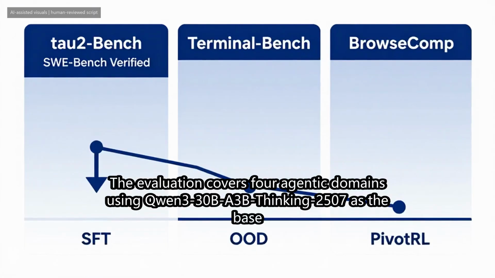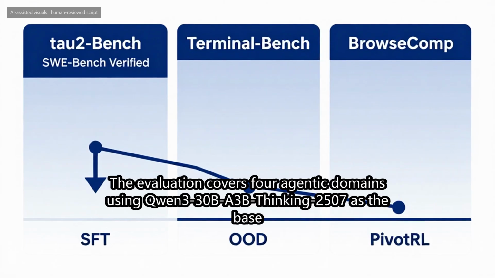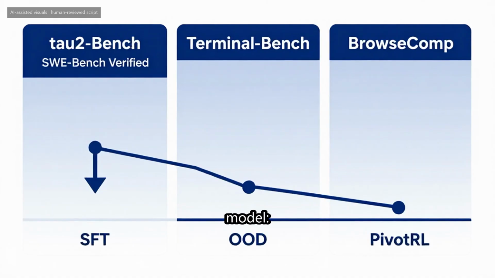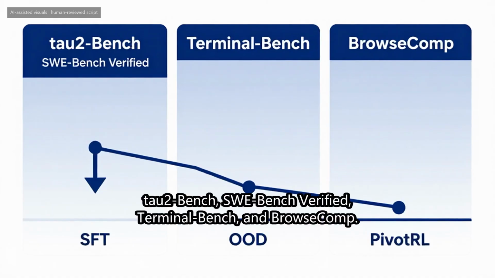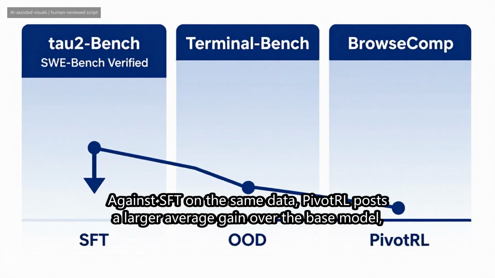The evaluation covers four agentic domains using Qwen3-30B-A3B-Thinking-2507 as the base model: SWE-Bench Verified, Terminal-Bench, and BrowseComp, against SFT on the same data.